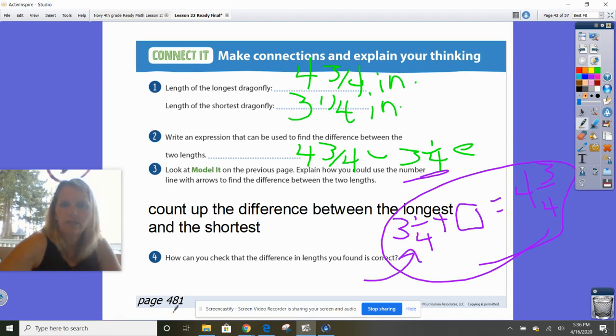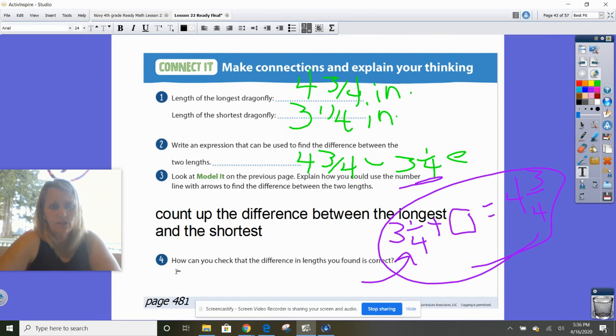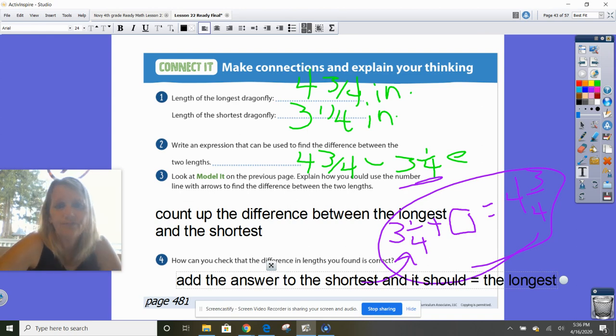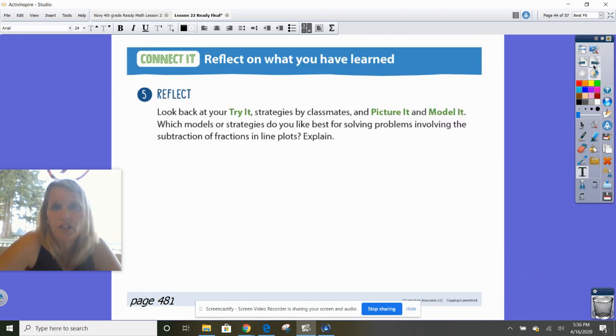So if you want to put the answer in the word ways there, you add the answer to the shortest, and it should equal the longest, right? Okay, so how you knew that, subtraction and addition will reflect each other.